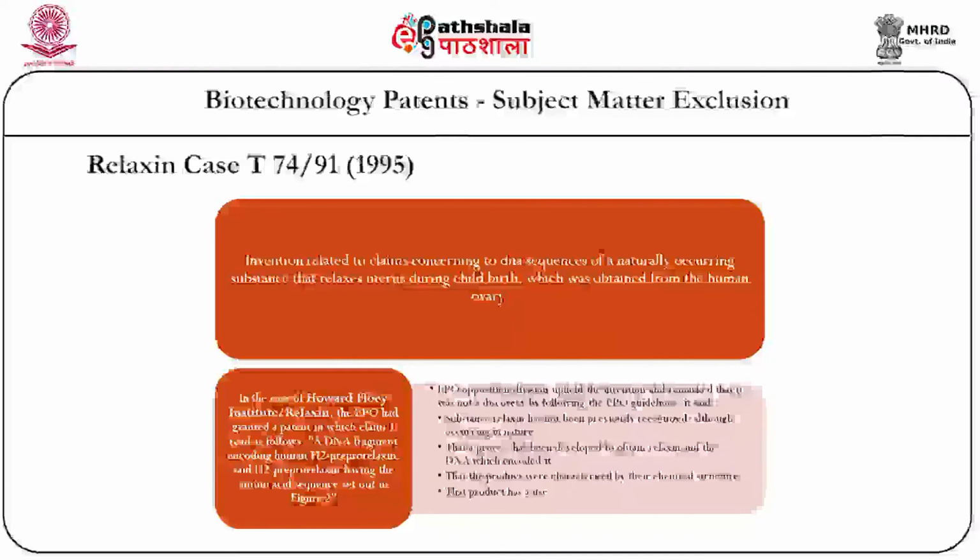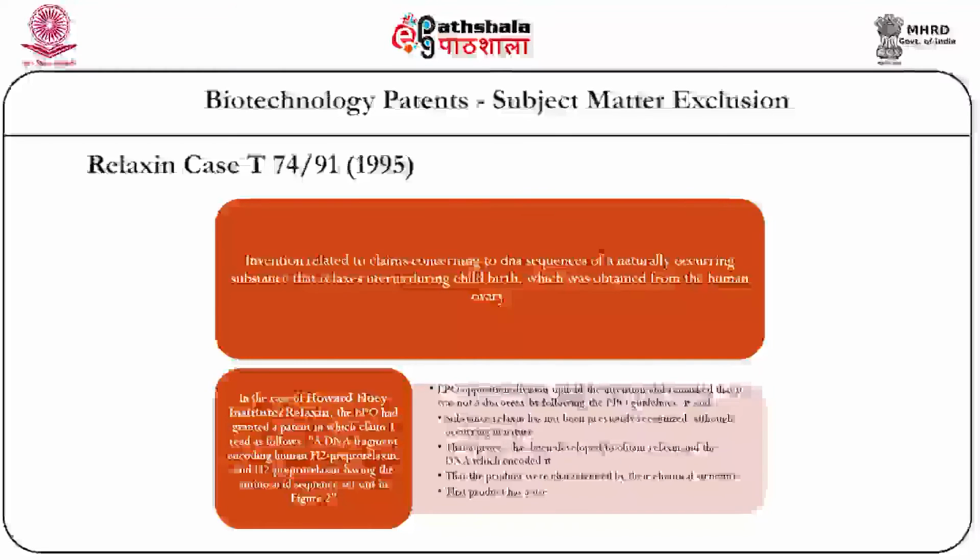The EPO opposition division upheld the invention and remarked that it was not a discovery, following the EPO guidelines. It said the substance relaxin had not been previously recognized, although occurring in nature, that a process had been developed to obtain relaxin and the DNA which encoded it, that the products were characterized by their chemical structure, and that the product has a use.